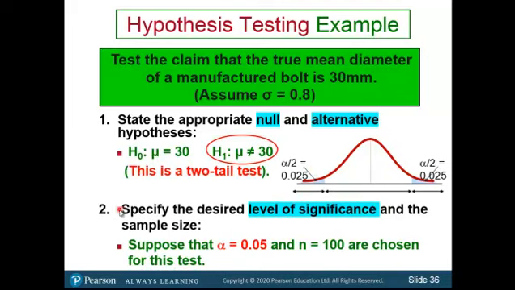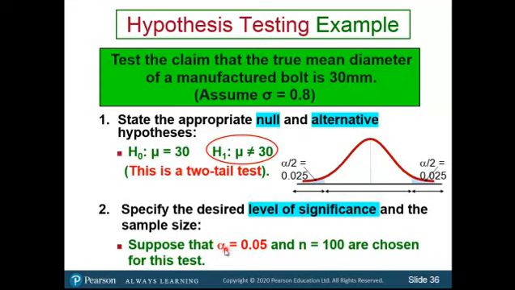Step number 2 is to specify the desired level of significance and the sample size. Suppose alpha is equal to 0.05 and n equal to 100 are chosen for this test.